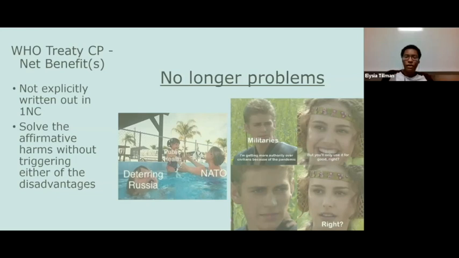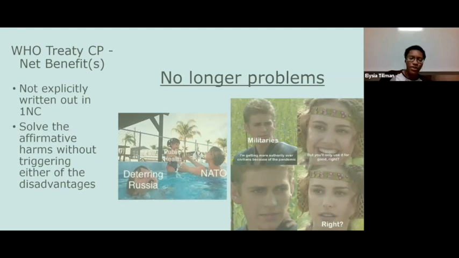And then similarly, the public health disadvantage links to the affirmative because it gives militaries more power over a civilian issue, which is public health. And the counterplan doesn't do that because the WHO is not a military organization. So them getting more involved with pandemic preparedness or stepping up their efforts isn't going to do anything to give militaries more power over public health or any other civilian spheres of influence.